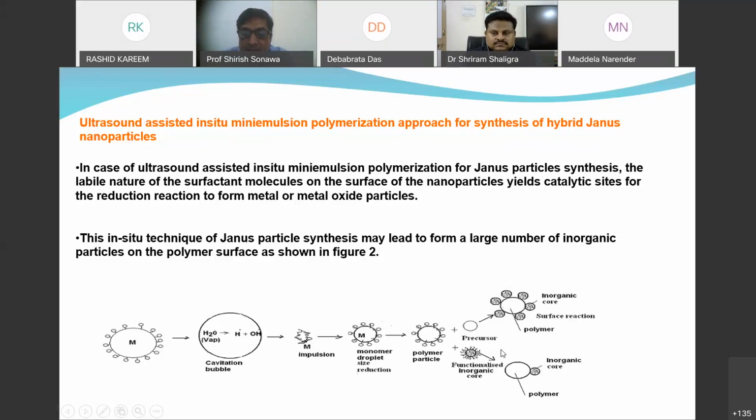You can have an inorganic core and polymer latex, or a polymer latex onto which you attach the inorganic core. These are the methodologies by which we can prepare these hybrid particles, which have a number of applications.